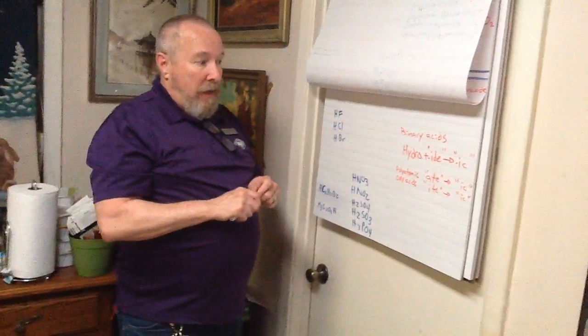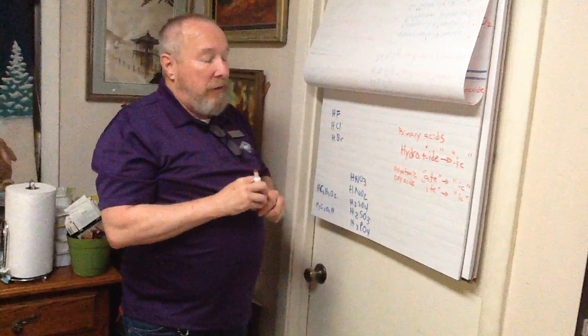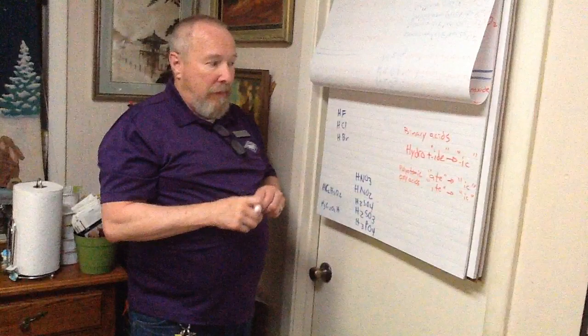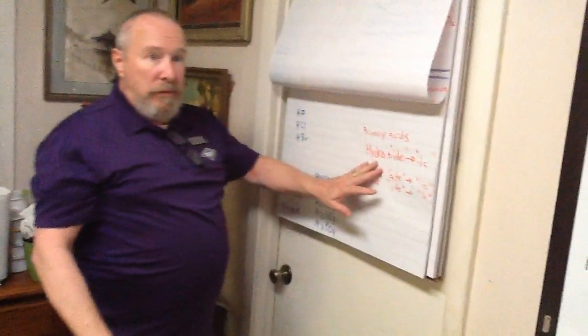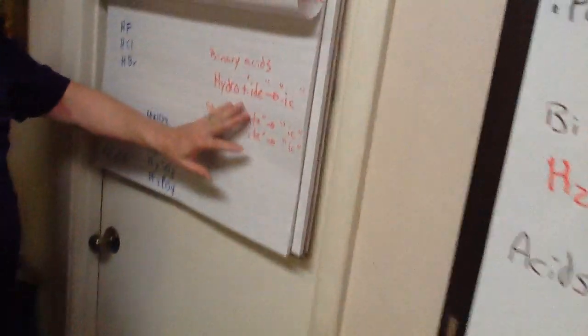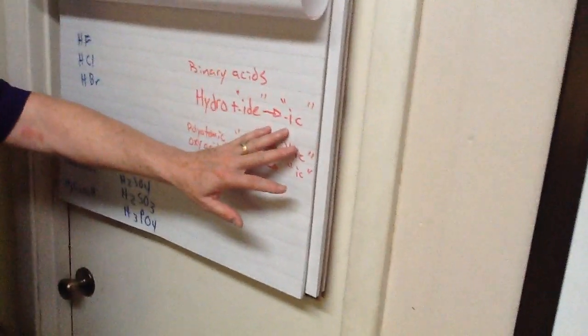Okay? And if you're talking about a simple binary acid, you add hydro to the name and change the "ide" to "ic."